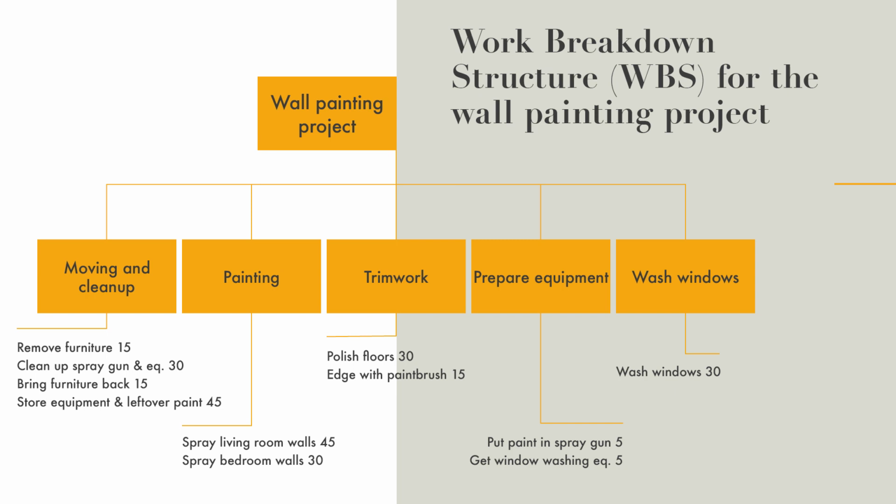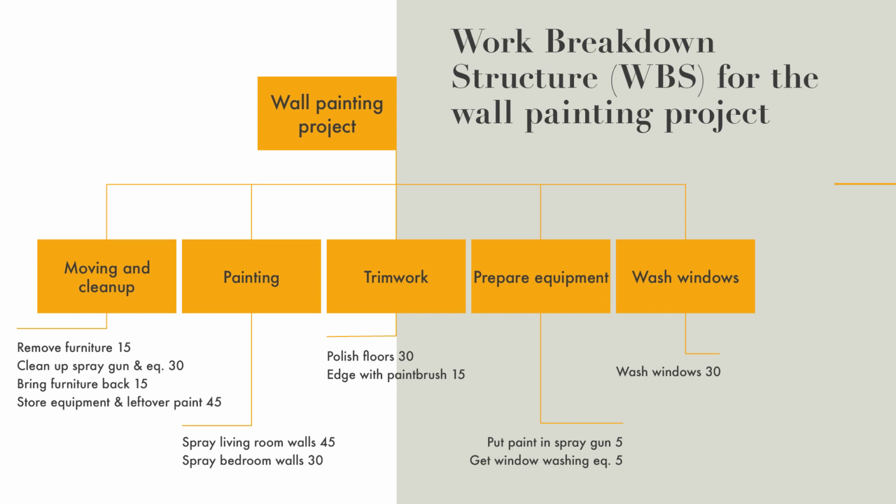And when you look at these activities that we have marked here, we can see that at the same time, because we have to take all the furniture away during the painting, we also are going to polish the floors and we are going to wash the windows. Those are part of this project.